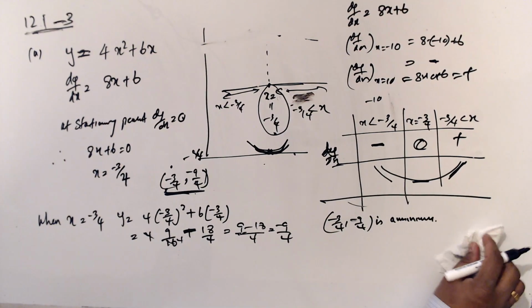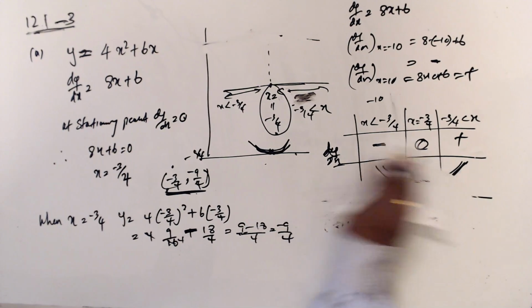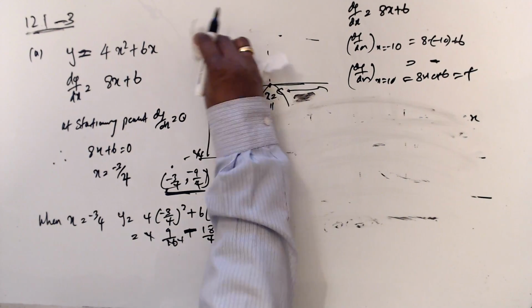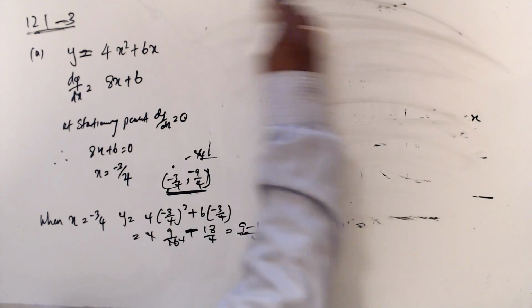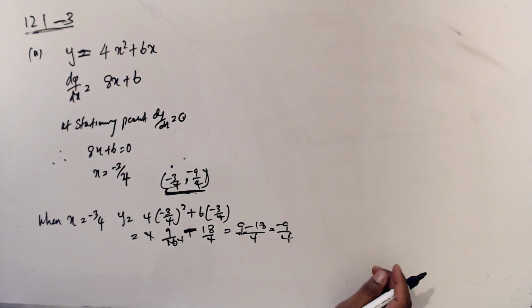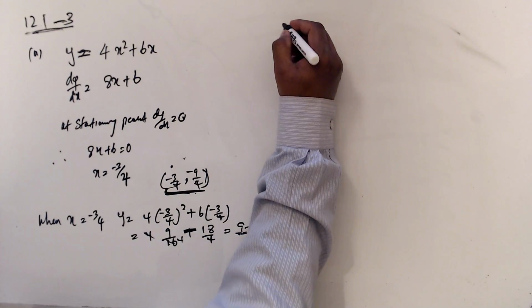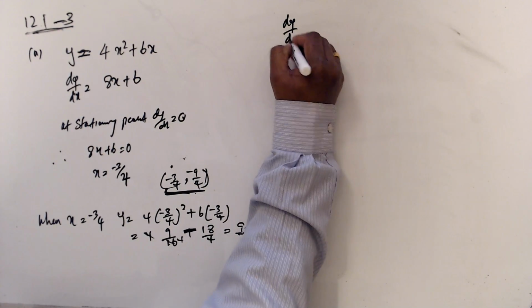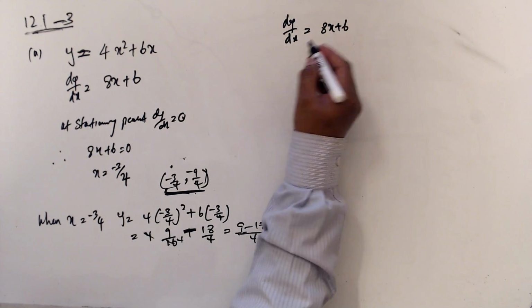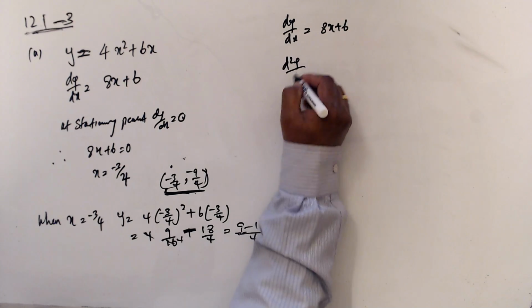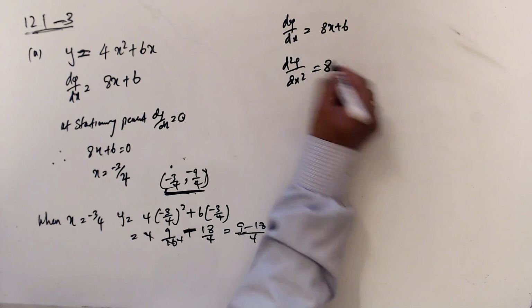How do you find it with the second method? The second derivative. So the first derivative dy over dx is 8x plus 6. Differentiate one more time: d squared y over dx squared equals 8.